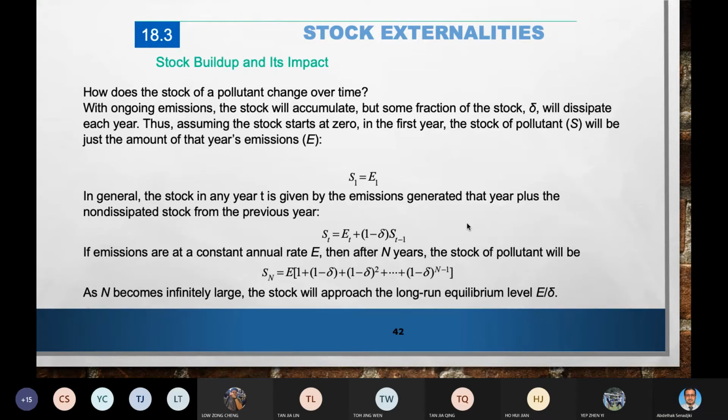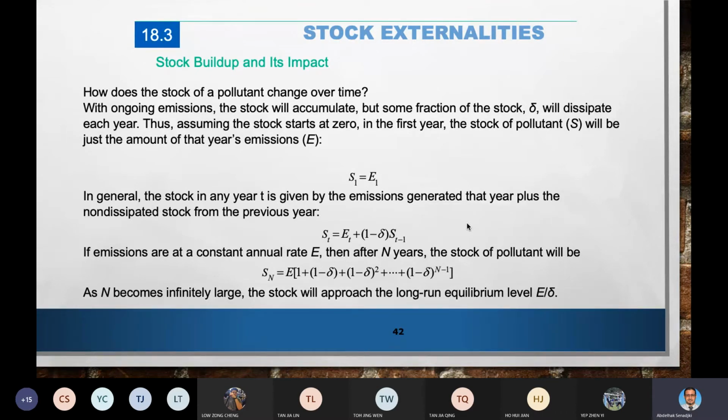Dissipate means that when we waste or throw away something. So assuming the stock starts at zero, meaning we have zero externality or emission in the first year.